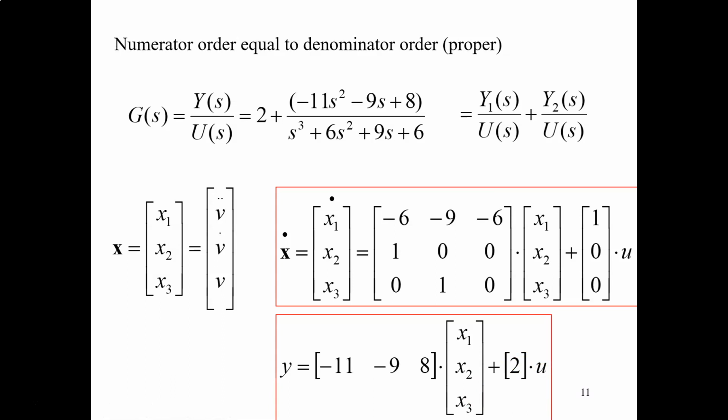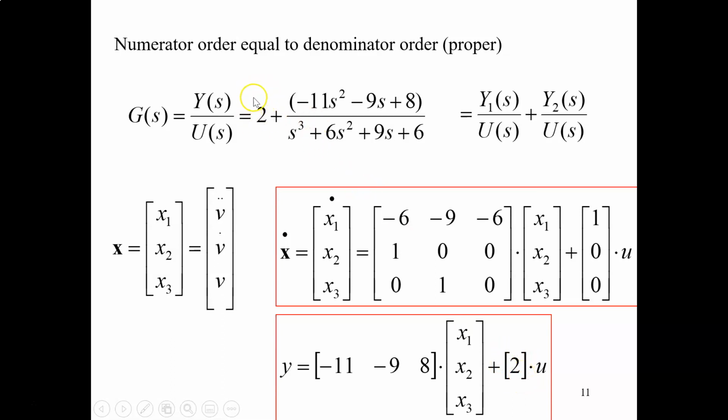The output can be added together because y equals y1 plus y2. y2 is what we have here in the C times x. y1, if you think about y1 over u equals 2, or y1 equals 2u, sorry. So y equals, without the second part, this will be y1. But overall, y equals y1 plus y2. Therefore, you put that 2 in the D matrix.